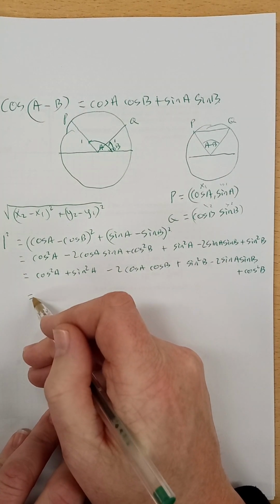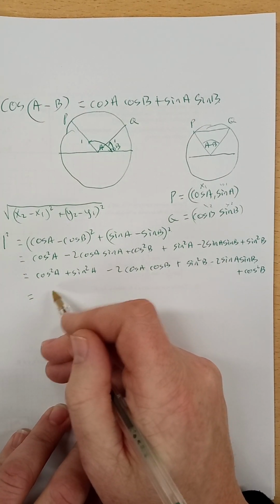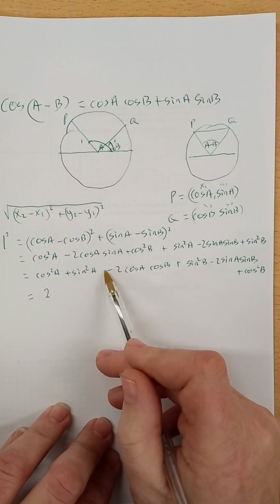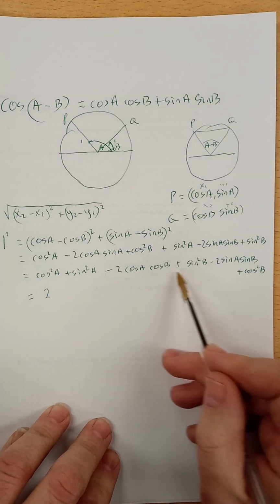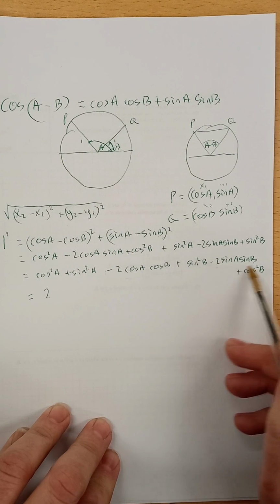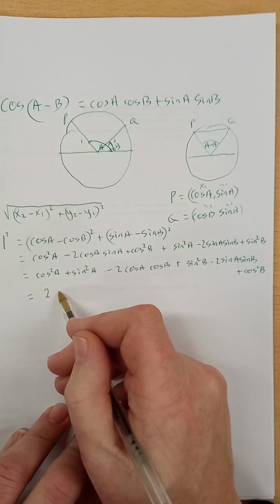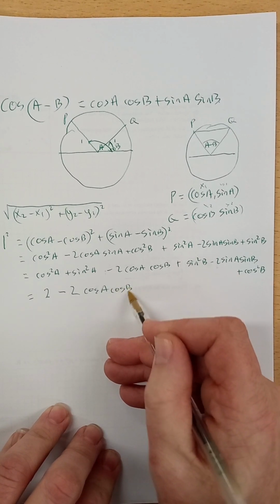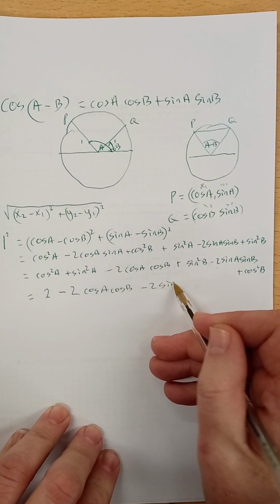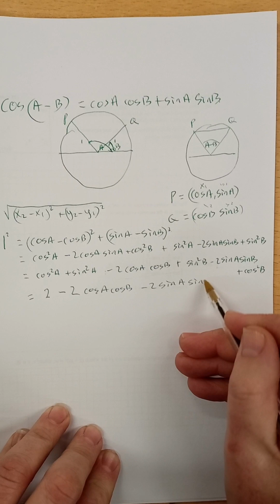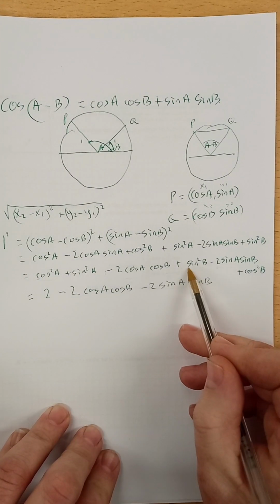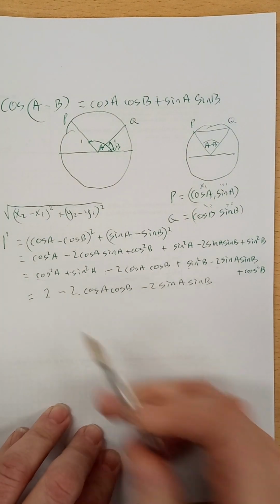So that's going to be 1 plus 1 is 2, and then what we're left with is all this bit and this bit here. So minus 2 cos A cos B minus 2 sine A sine B. That's what we're left with when we take out these, because they are both 1.